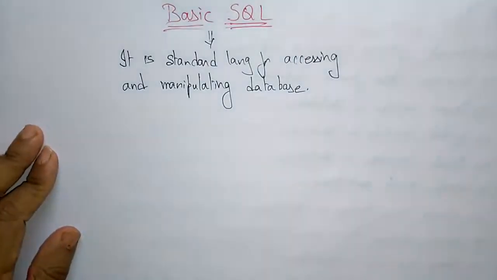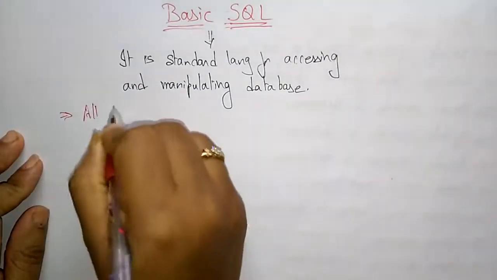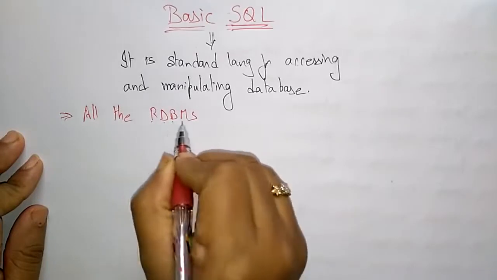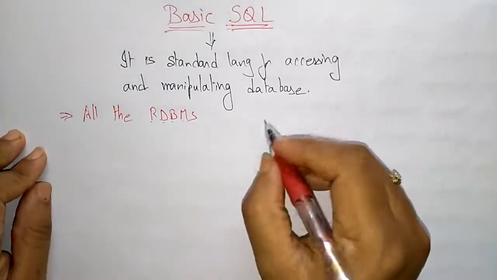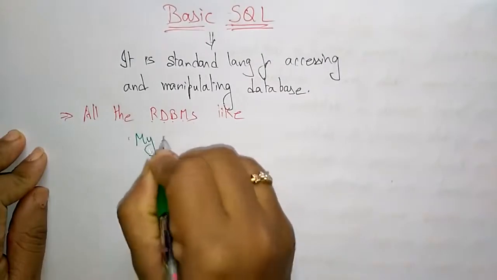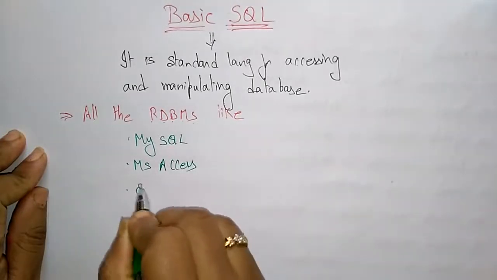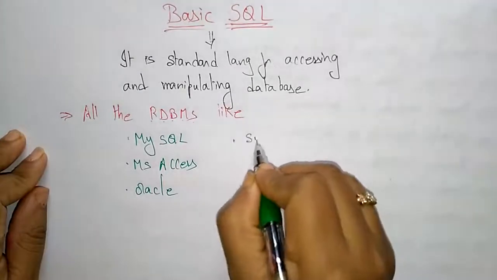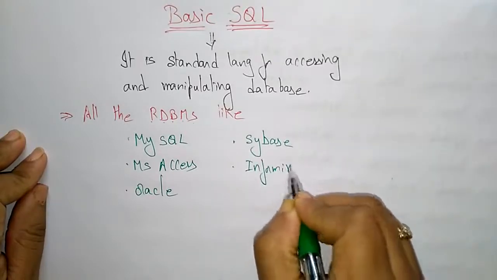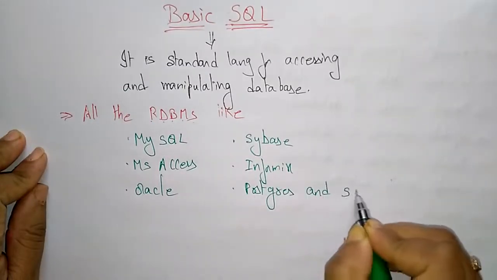Actually, all relational database management systems, RDBMS means relational database management system, like MySQL, MS Access, Oracle, Sybase, Informix, Postgres, and SQL Server.